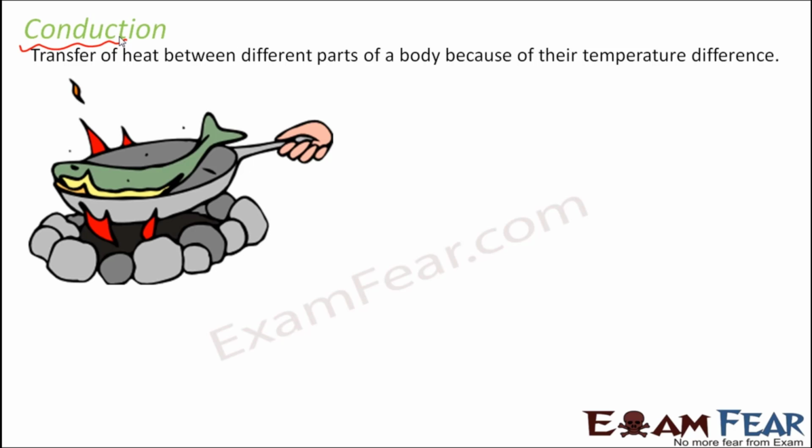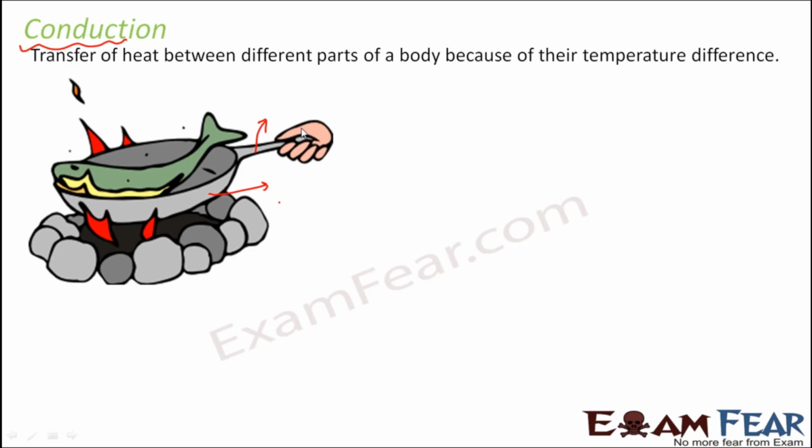Here you can think of the example of a metal pan with a metal handle. The entire part, whether it is the handle or the pan, is part of the same vessel, right? But what happens when you heat it? First of all, this portion gets heated up. Then the heat gets conducted to the fish which is present inside the pan. Gradually it also heats up the handle of the pan. So what is happening here?